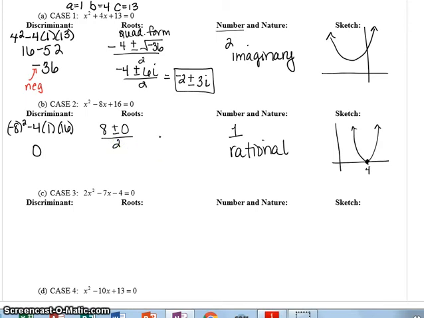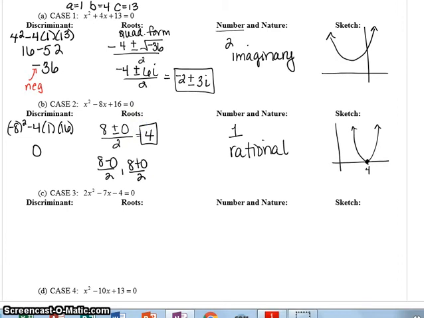So let me start over. 8 plus 0 is 8. 8 divided by 2 is 4. Okay? But also, if you did 8 minus 0, that's also 8. So you get 2 4s. Okay, so it's 8 minus 0 over 2, or 8 plus 0 over 2. Both result in 1 single 4.